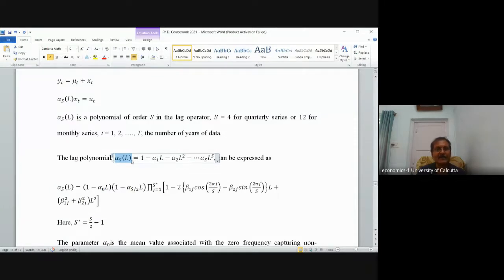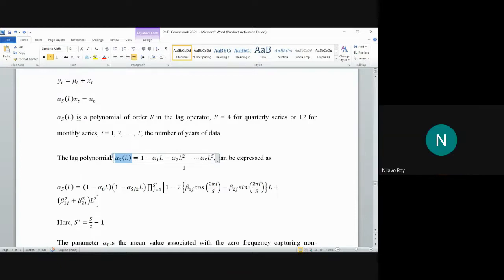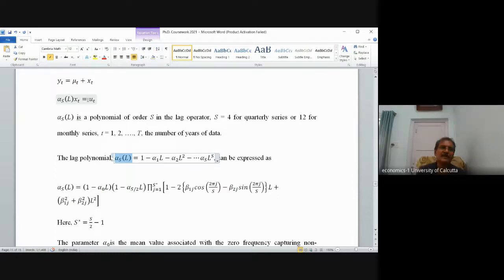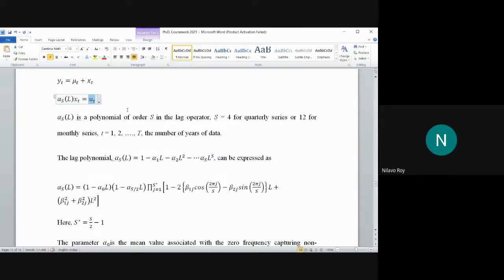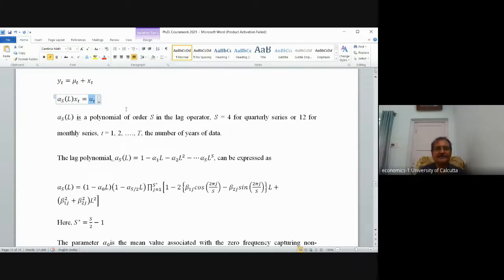Similarly, in the case of monthly, it will continue up to alpha 12 L to the power 12. Sir, what is the meaning of ut that we are using in that alpha s L equation? ut is the random error, the white noise error.